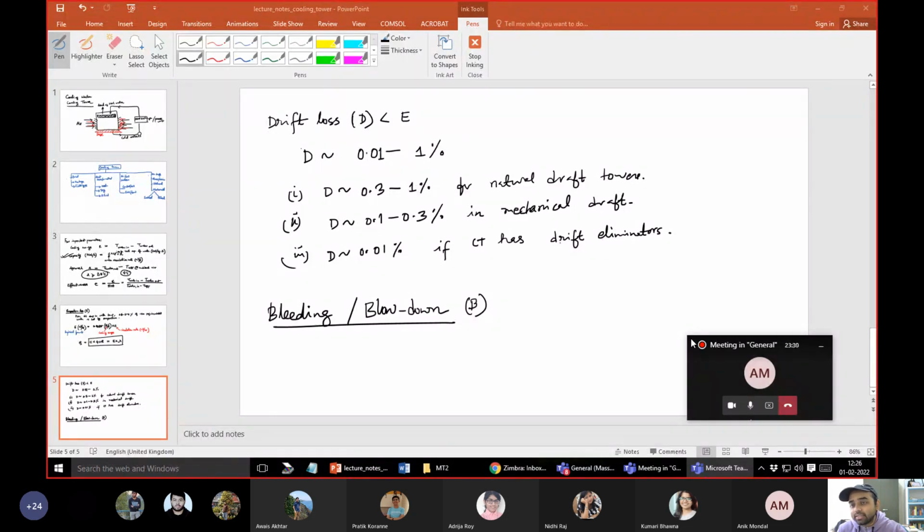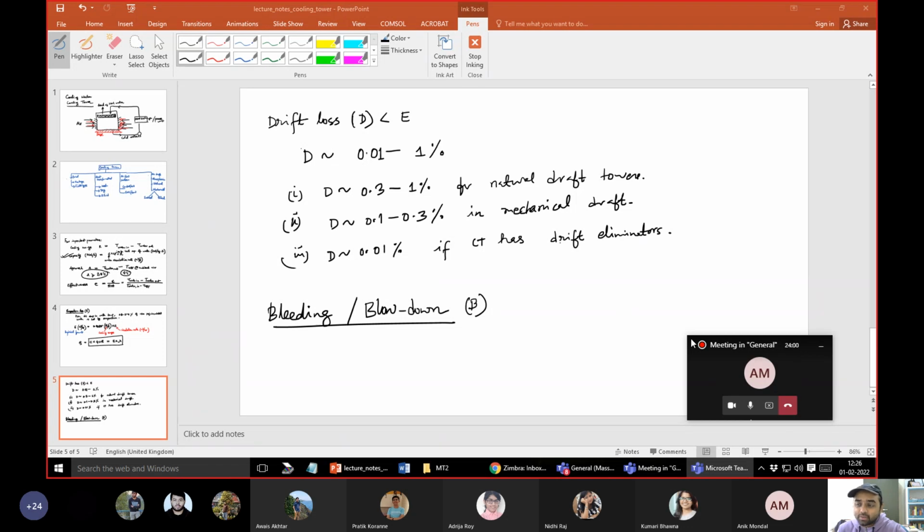The system also needs a significant volume of water, right? After you make this bleeding, you have to compensate the lost water with makeup water. So this blowdown is draining out some part of the concentrated circulated water.